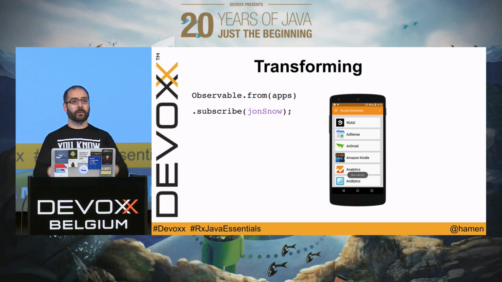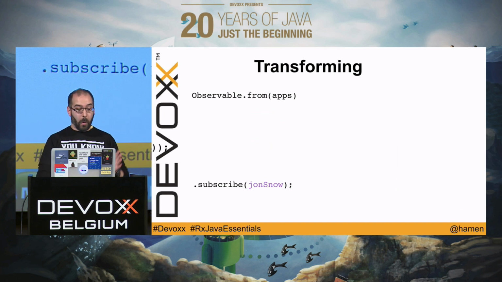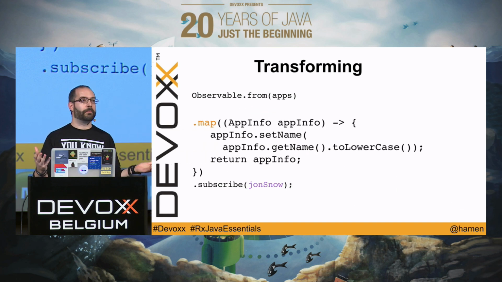We want to change not that much code, and we want to apply a function to every emitted item to make it lowercase. Surprise, map. Map is just applying a function to the emitted object, and returning something. In this case, we are returning the object itself.